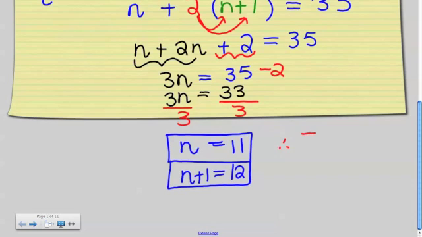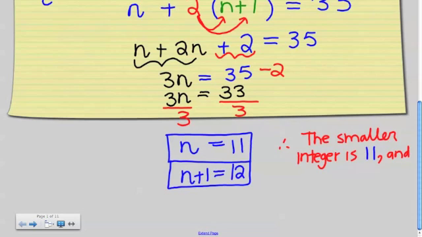So for this particular problem, the smaller integer is 11. And the larger integer is 12.